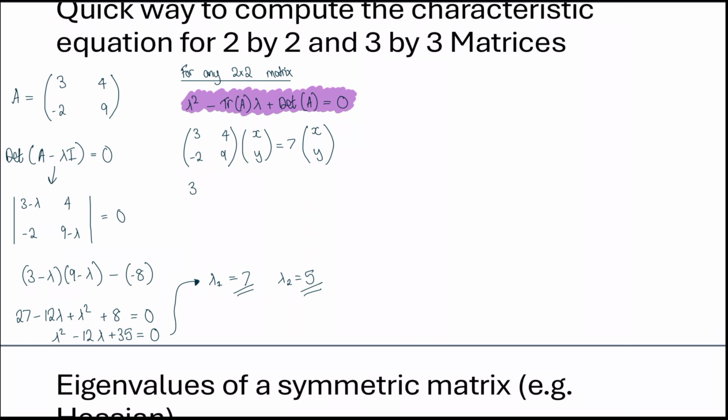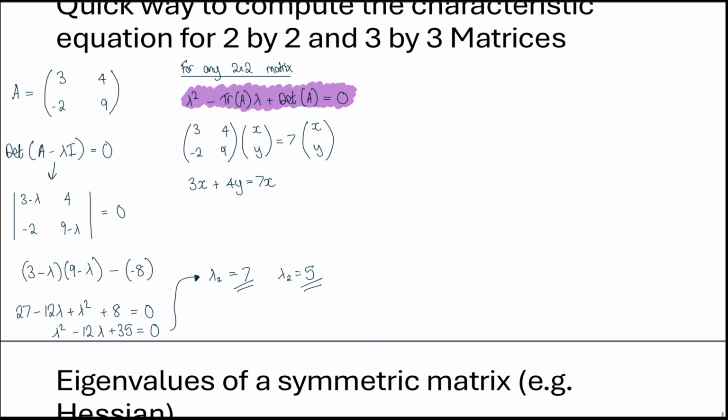So what this is saying is 3x plus 4y is equal to 7x. So 4y is equal to 4x. So x is equal to y. So that means a possible eigenvector could be 1, 1.